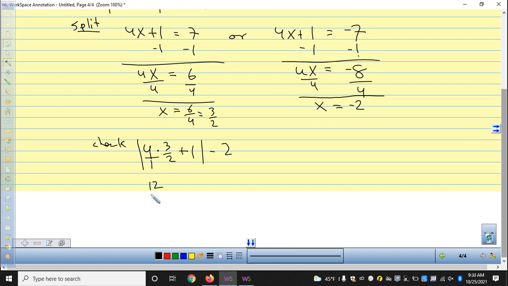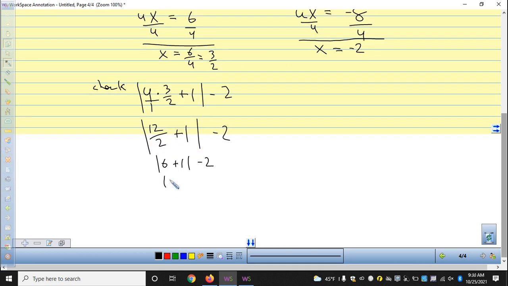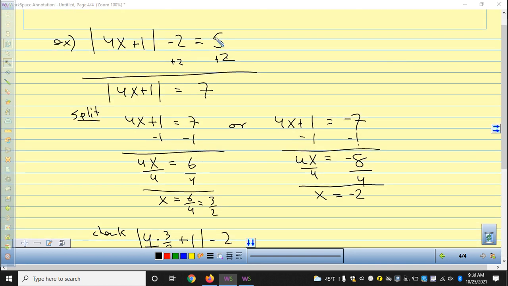So that's 12 over 2 plus 1. 12 over 2 is 6, plus 1, minus 2. So that's the absolute value of 7 minus 2. Absolute value of 7 is 7. 7 minus 2 is 5. And that's what I wanted to get.